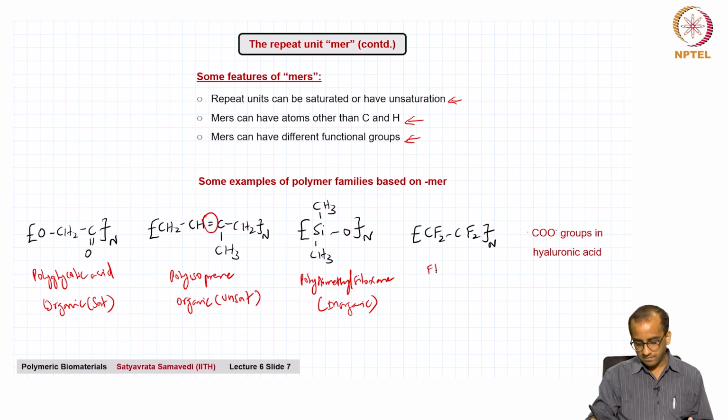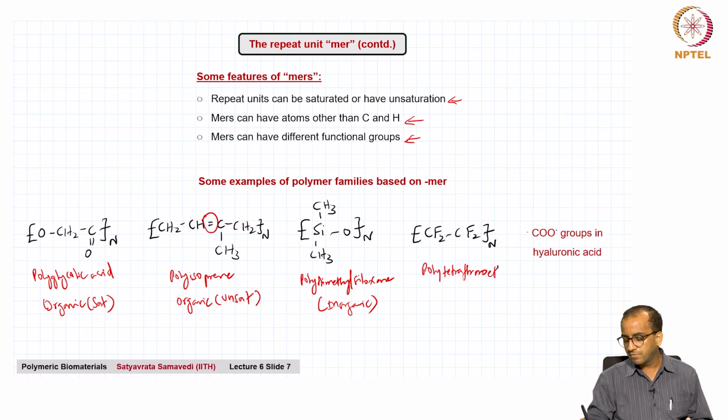And then you have polytetrafluoroethylene, which is a fluorinated polymer. So you see, right away we have 4 types of polymers, and all of them in some sense can be used for some kind of biomedical application.